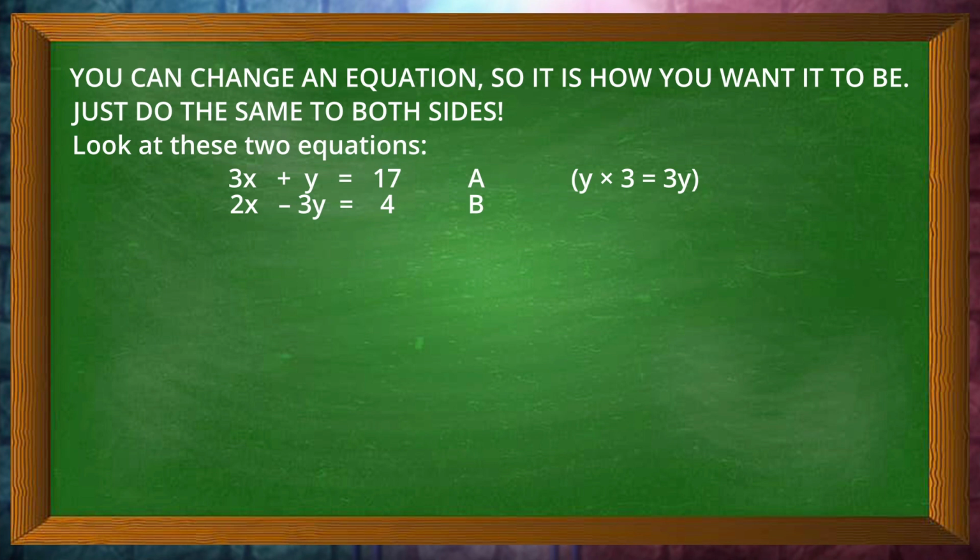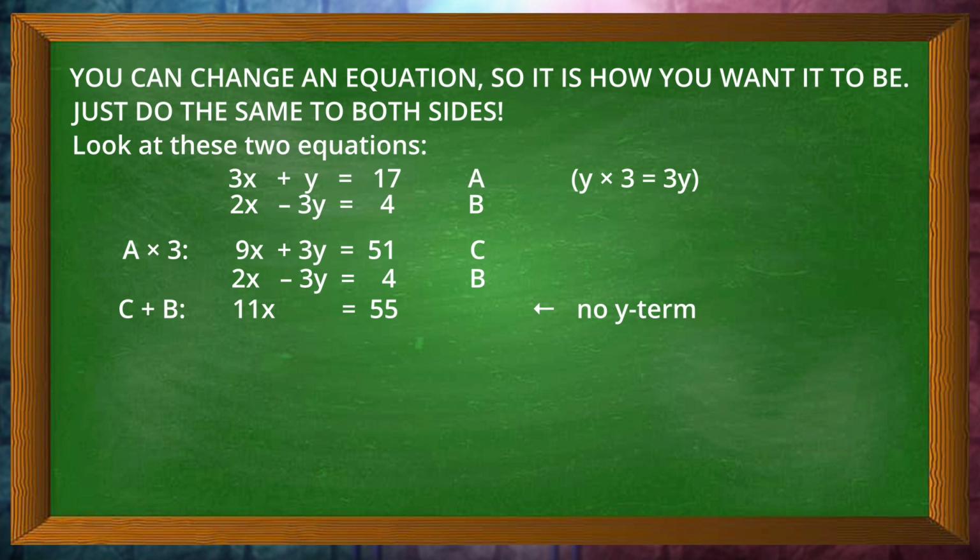Remember to show what you are doing so that you or anyone else can follow what you did. Now that you have multiplied by 3, you have positive 3y and negative y, which are additive inverses, and we can go ahead and add the two equations C and B together.